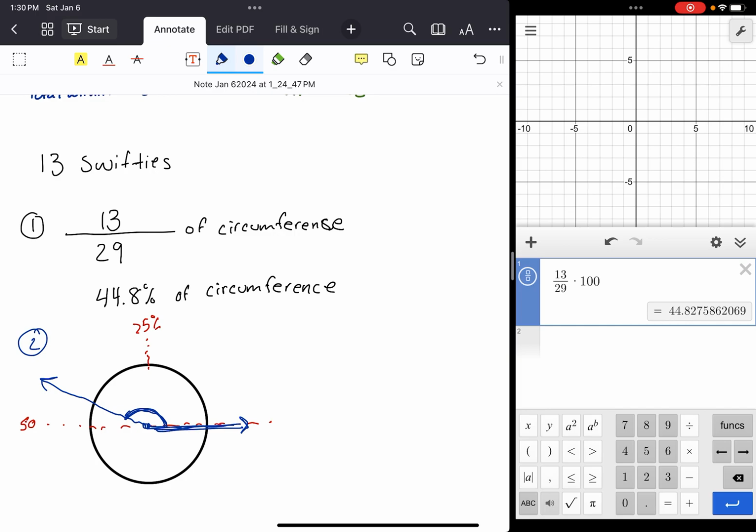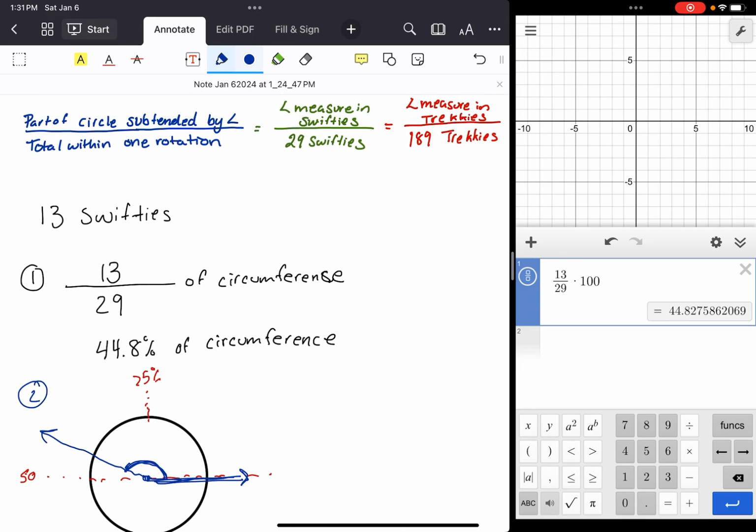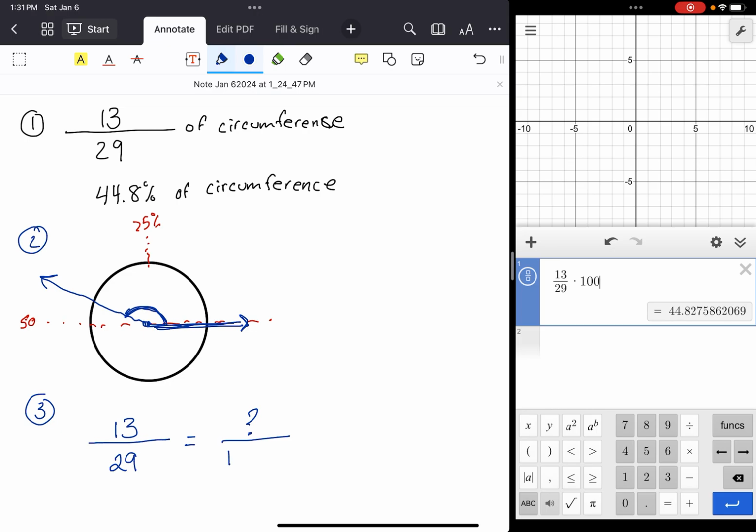The third one, we're going to convert this angle into a new unit of measure. We have 13 Swifties, and we want to figure out what that measure would be in Trekkies. There are two different ways to approach this problem. One option is to create a proportion. We have 13 out of 29 when it comes to the Swifties, and we want to know what that would be in Trekkies. If you remember, there are 189 Trekkies. Because we're thinking proportional reasoning, these percentages of a circle need to remain equivalent.